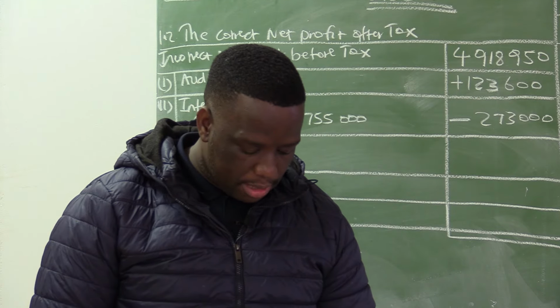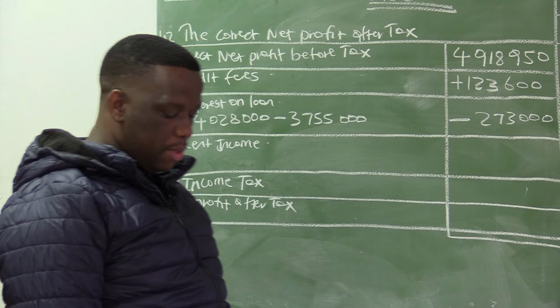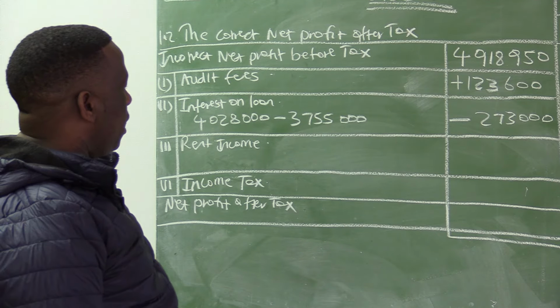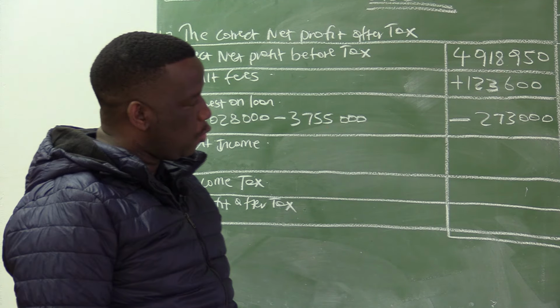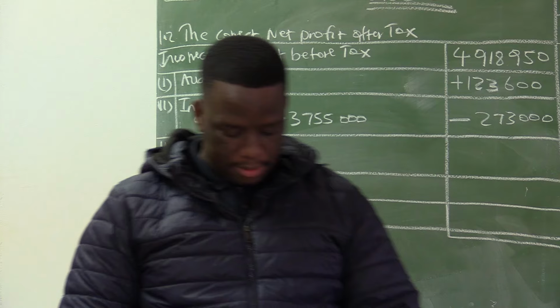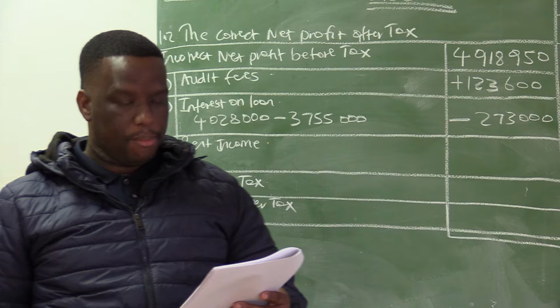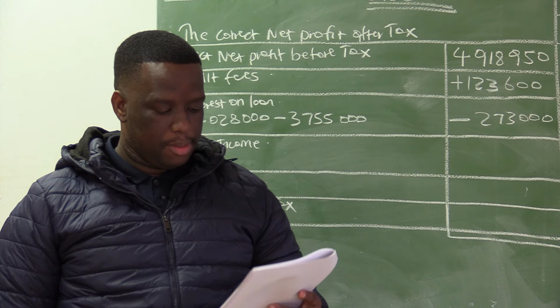So if you calculate the difference between the two balances, you get the interest on loan of 273,000.